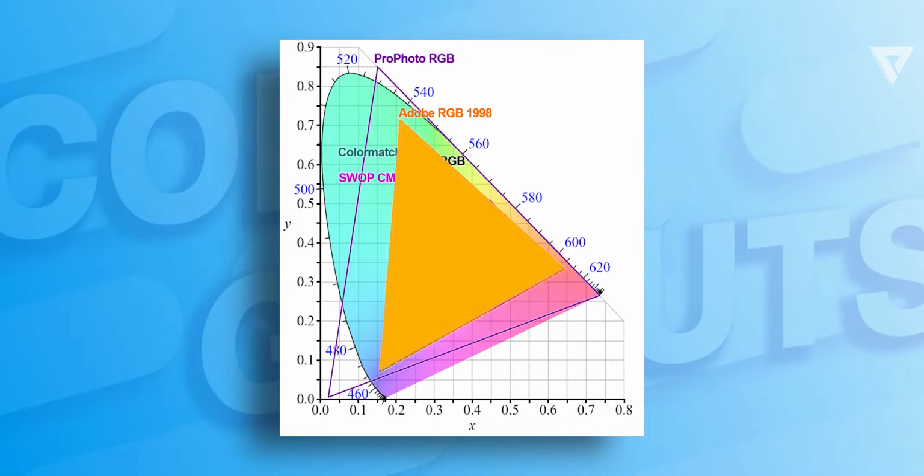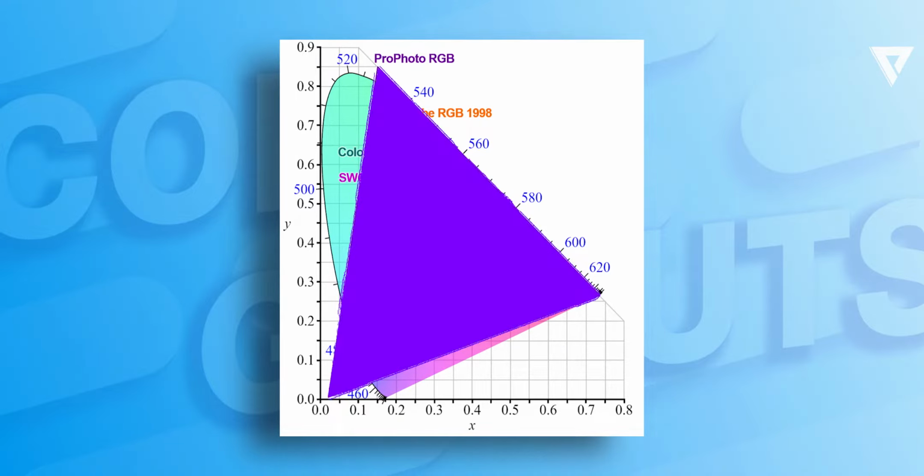The line drawn with orange is the color space of Adobe RGB, and it is mainly used by professionals for their professional work so that they can see the colors more accurately on their Adobe RGB monitor. The line drawn with purple is the color space of ProPhoto RGB, which is the largest color gamut that exists in the color space.